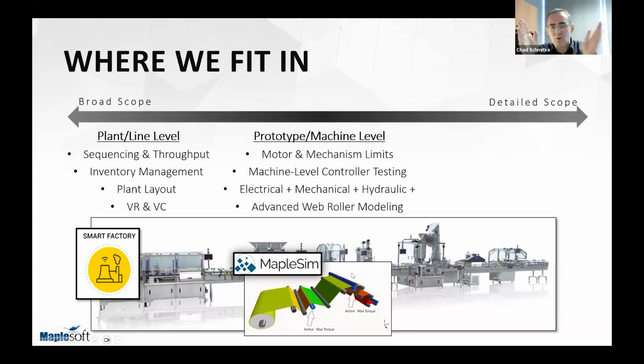Moving along to more detail and a slightly smaller scope, now we're looking at a machine, a web line, or potentially even a portion of a web line. You can snip it and just look at the part that you're interested in. But the kinds of questions we're asking now change. We're asking about things like tension or motor torques, and what's involved in the control to actually start this up and adjust the dancer position, for instance.